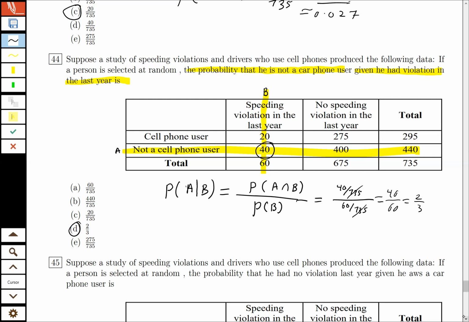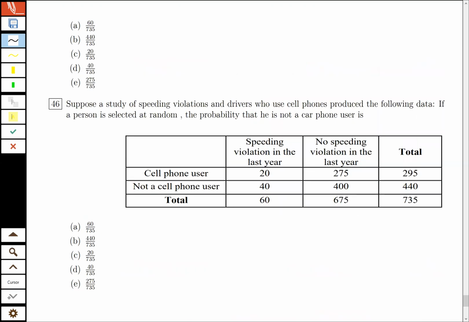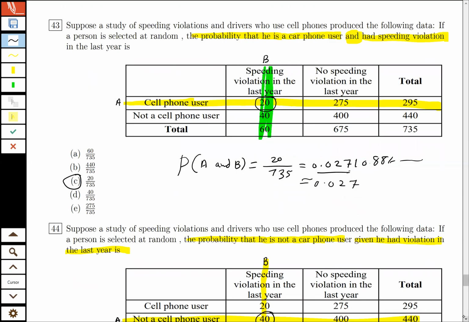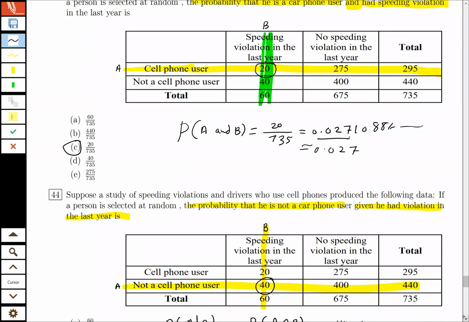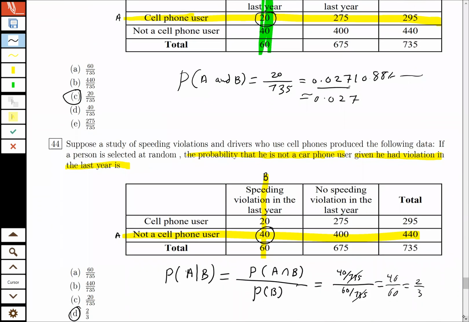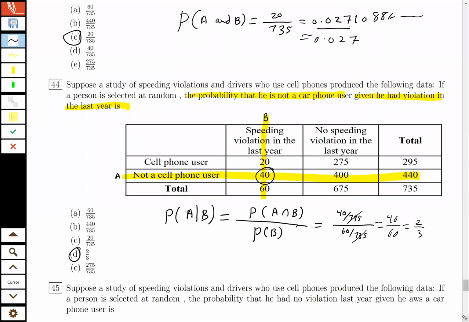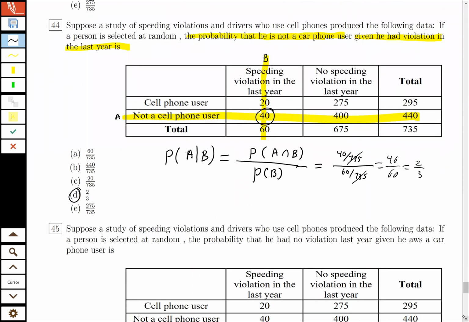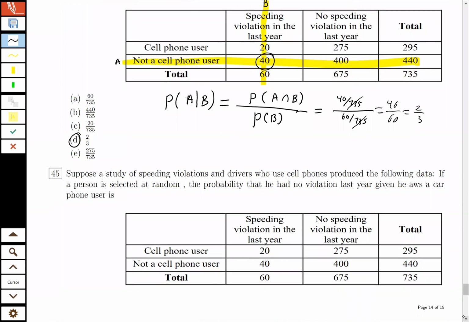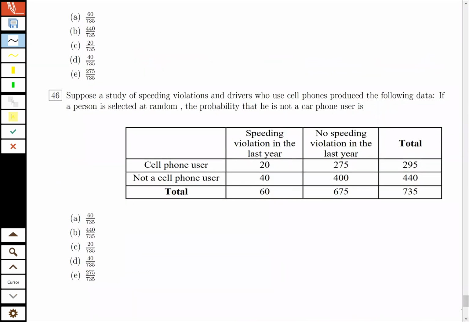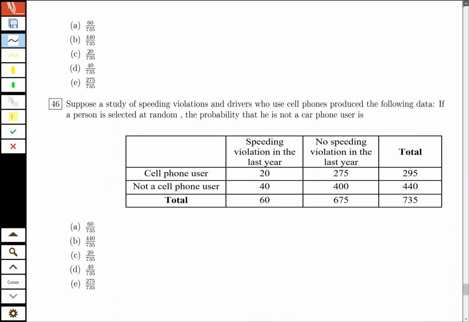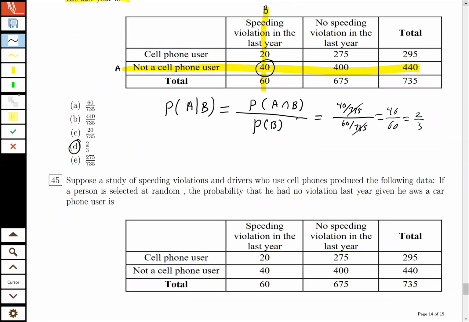The last question, is it the last question or before the last? So we finished 44. So question number 45. Okay, 45, what's the question? The probability that he has no violation last year given he was a car phone user.